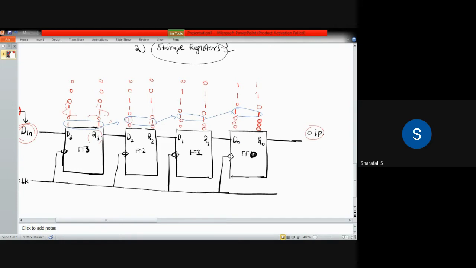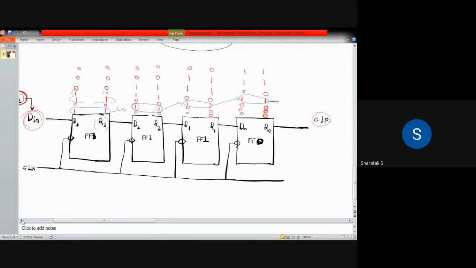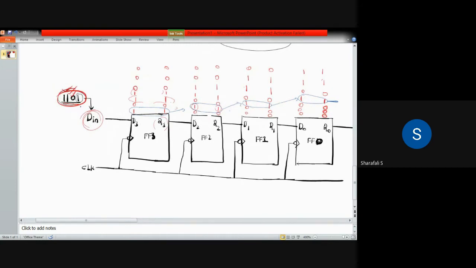Okay, so now if you are checking your output for a 4-bit output, you can see the output will be coming from here. You can see from this direction 1011.